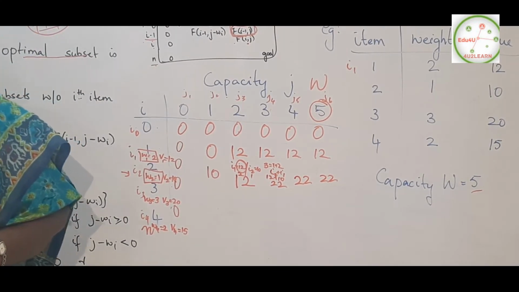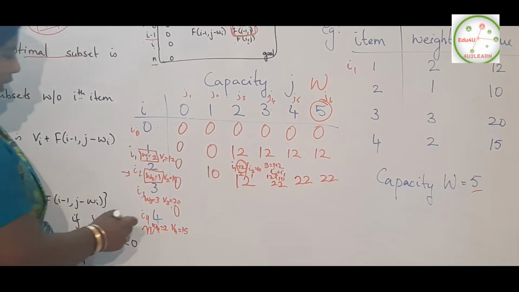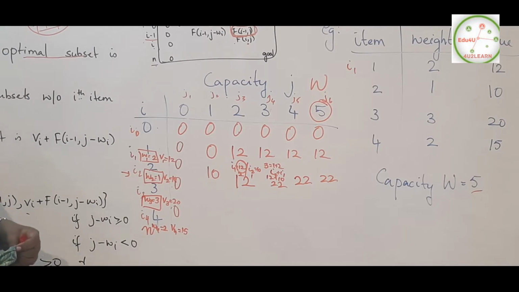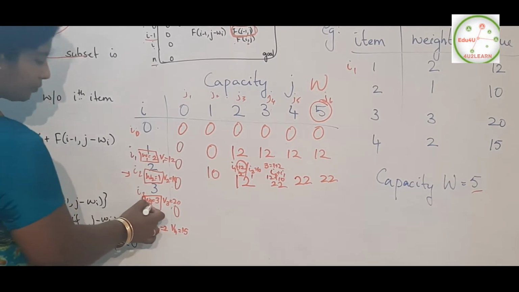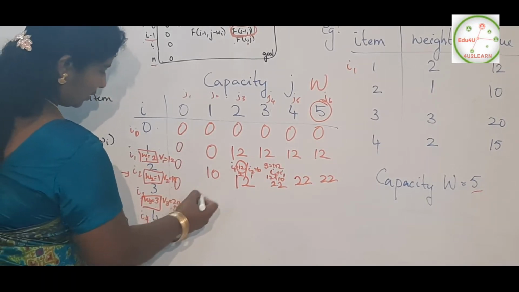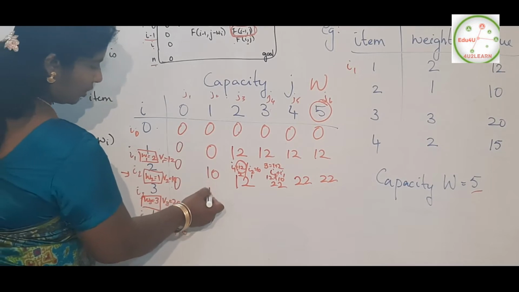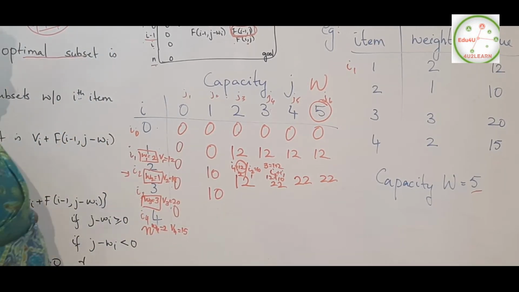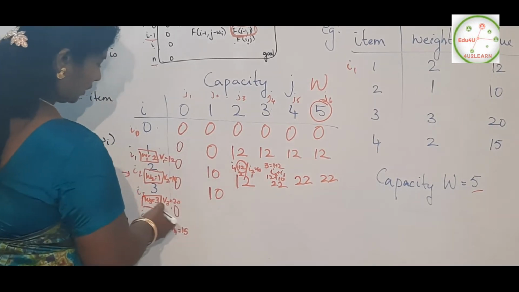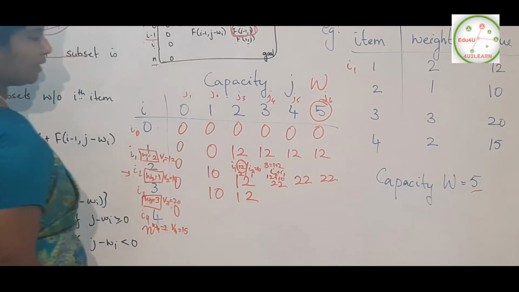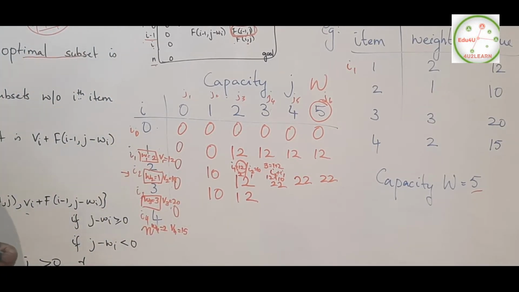So what happens next is, I have the next one, item number 3, which has to be added. Now I have this value which is going to be 3, and here 3 means it is not going to fit. So this 10 will be the most optimal solution. Here the capacity is going to be 3, and we have found out that 12 is the most suitable solution.